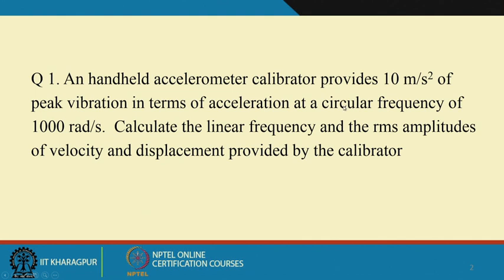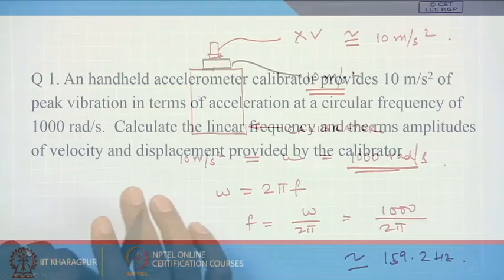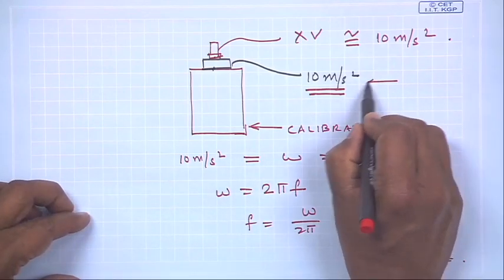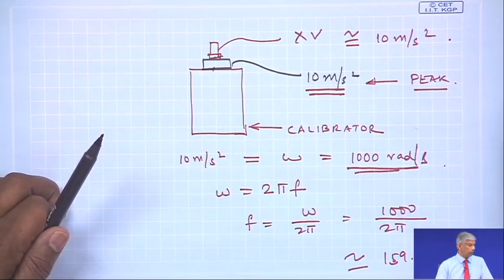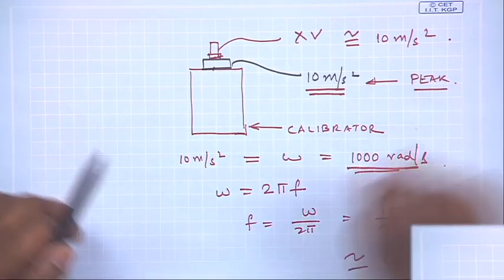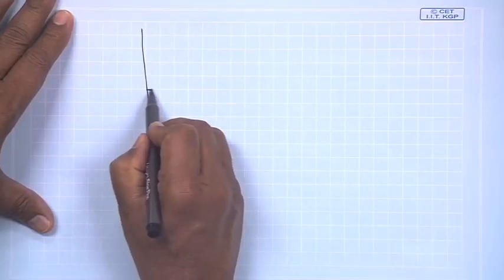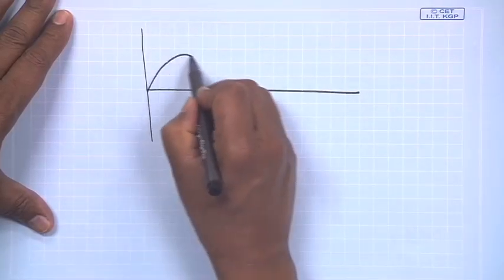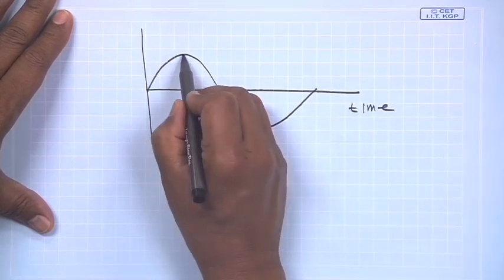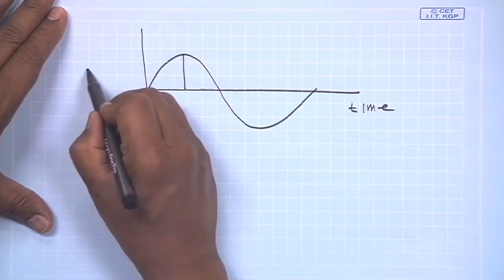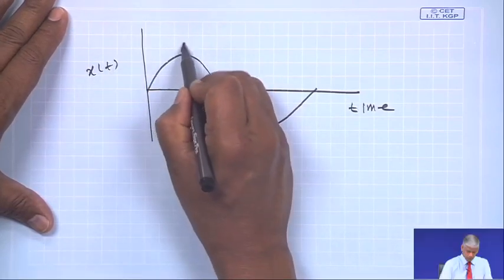what is the RMS amplitude of velocity and displacement provided by the calibrator? Now, this provides a peak value, and the answer is asked in amplitudes of velocity and displacement. From the theory of vibrations, you will realize, suppose I am looking at the displacement as a function of time, say x t, and this value is a.